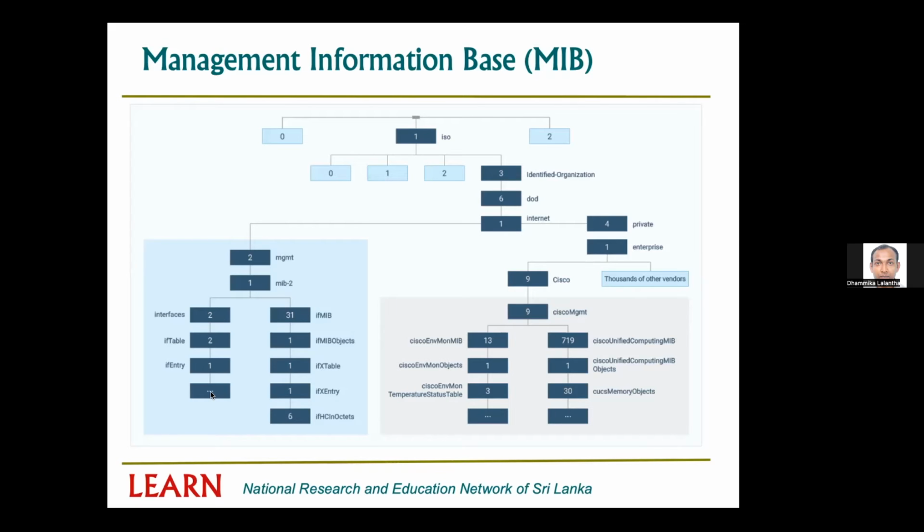If we want to get that information, the interface name, the particular object ID will be 1.3.6.1.2.1.2.2.1 and something. The other remaining numbers go down the hierarchy.